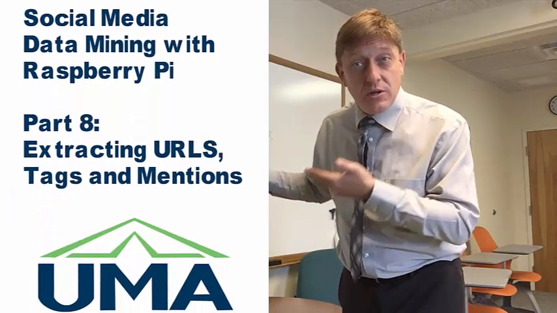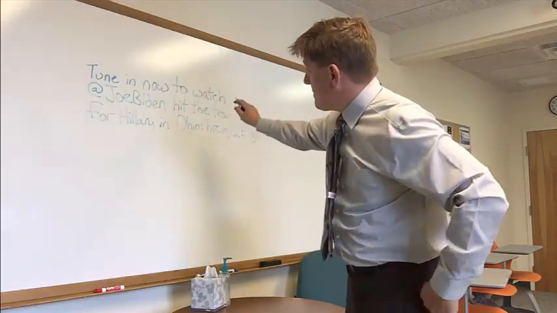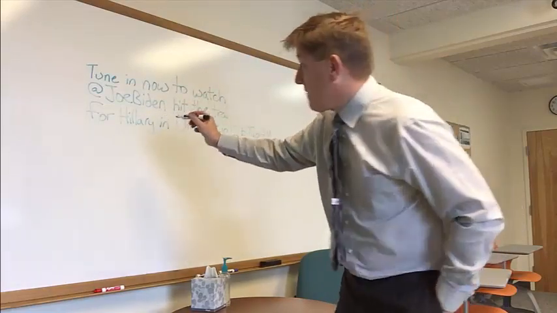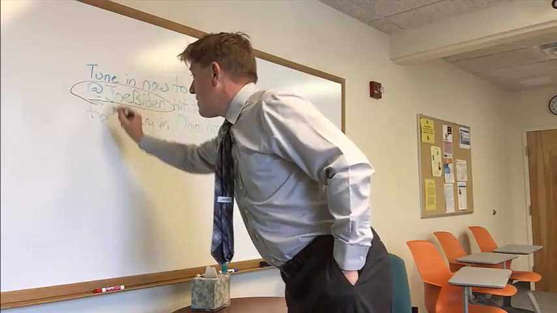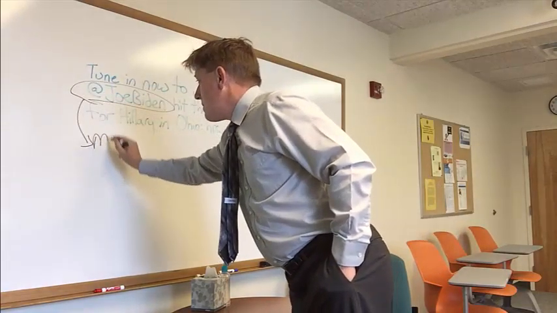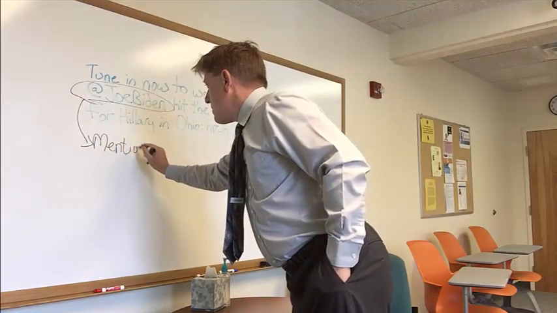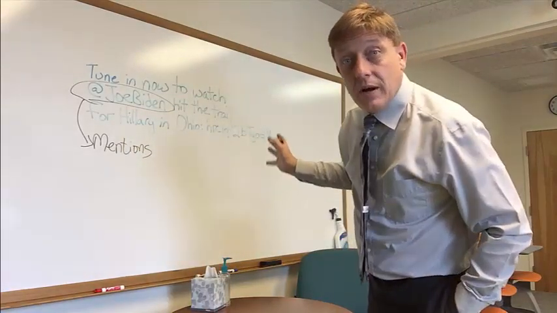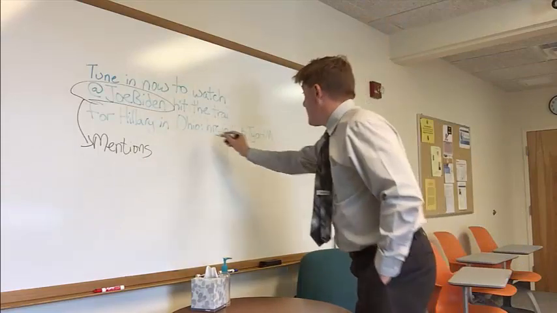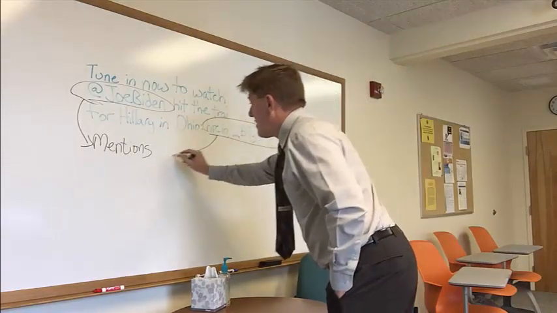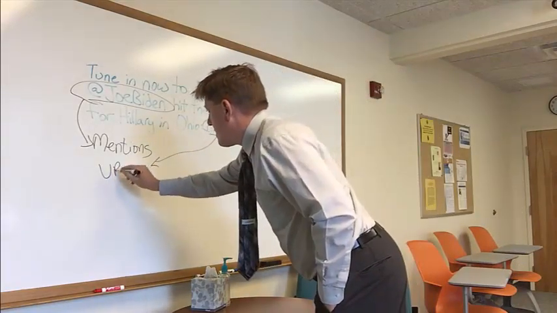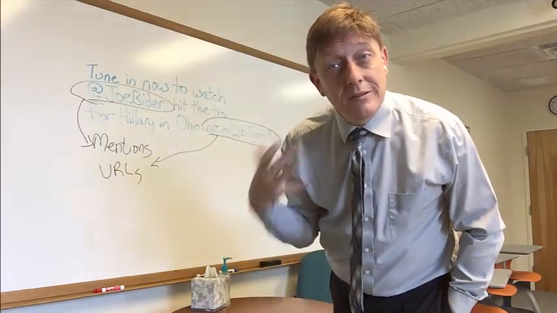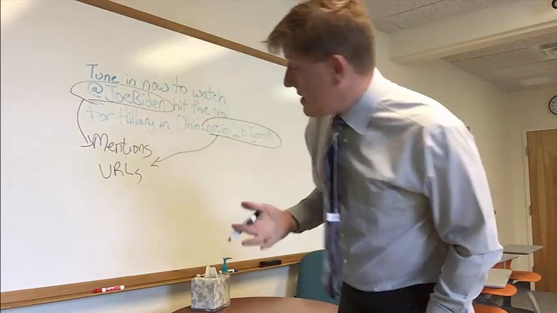A tweet, a post on Twitter, is not simply a piece of text, but contains some references, called mentions, and some indirect references, often shortened to websites or URLs, the website addresses.